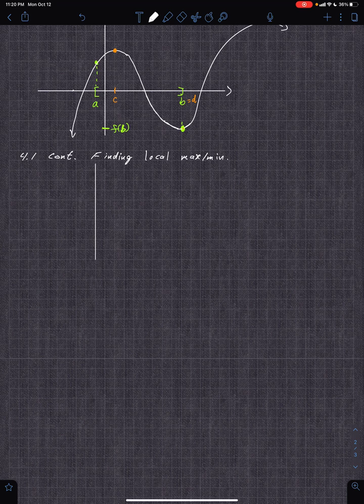So this is what we do. Take a look at this kind of picture. I'm going to just copy this once I draw it. That way it'll be all the same.